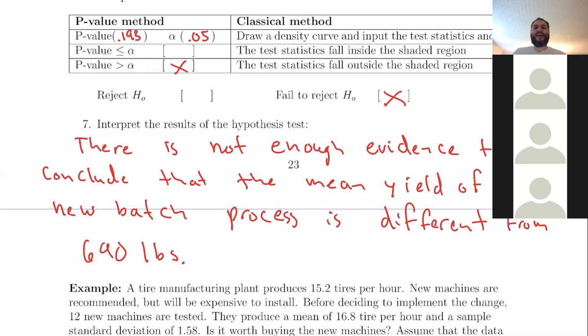We'll put there's not enough evidence to conclude that the mean yield of the new batch process is different from 690 pounds.